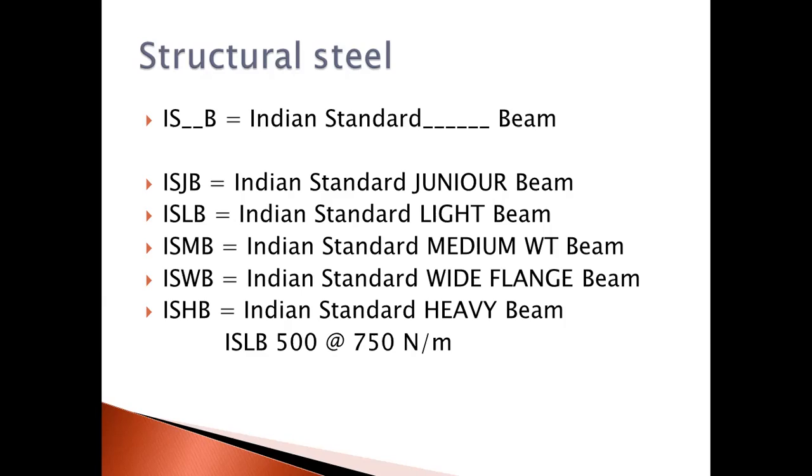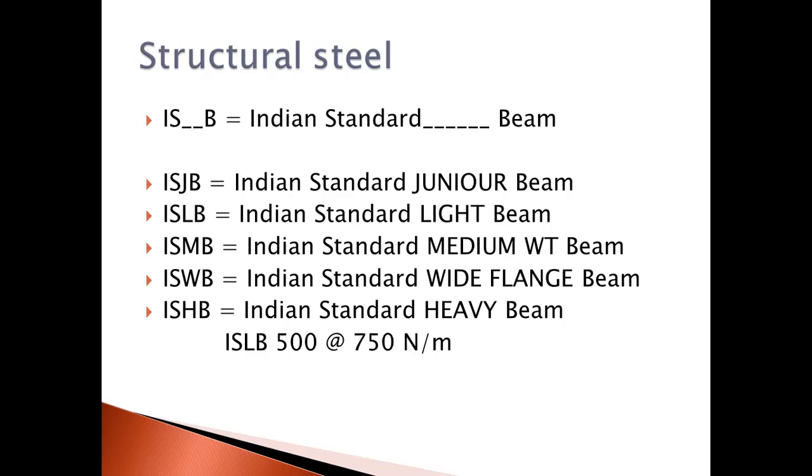How it is denoted, for example, we have ISLB 500 at 750 Newton per meter. ISLB denotes Indian Standard Light Beam. 500 denotes the depth of the beam, that is 500 mm, and 750 is in Newton per meter.